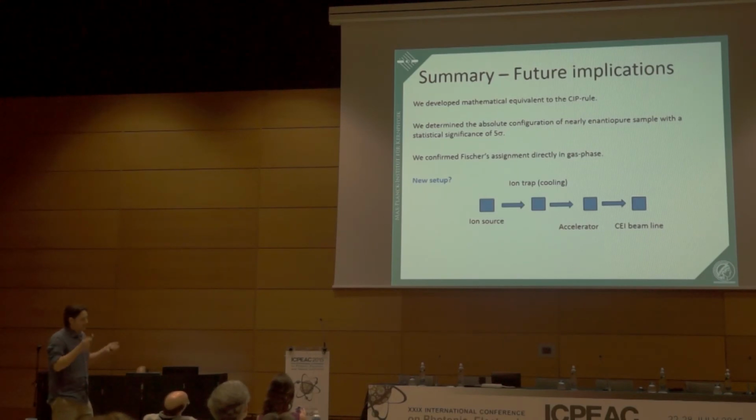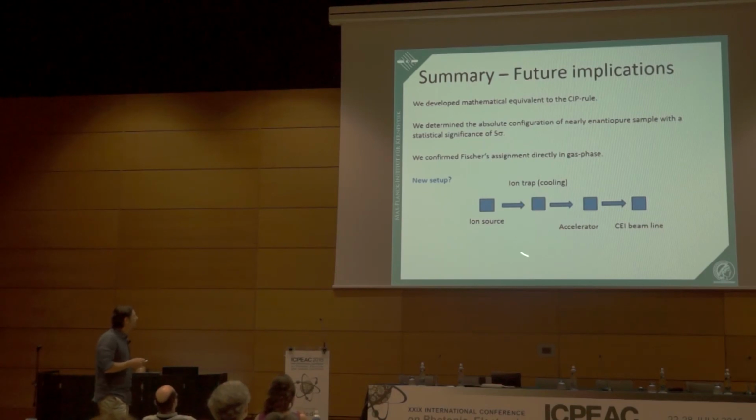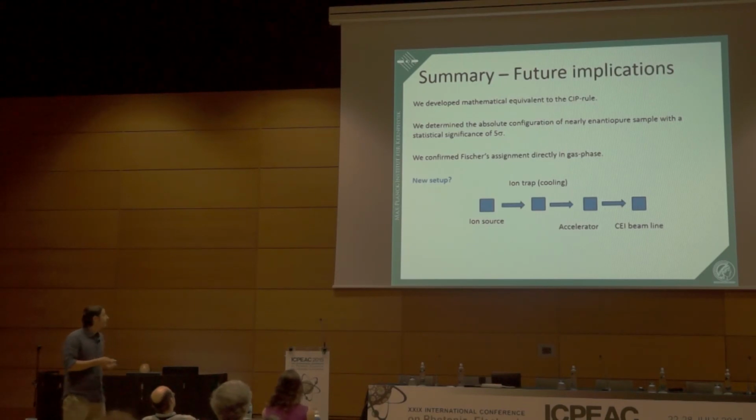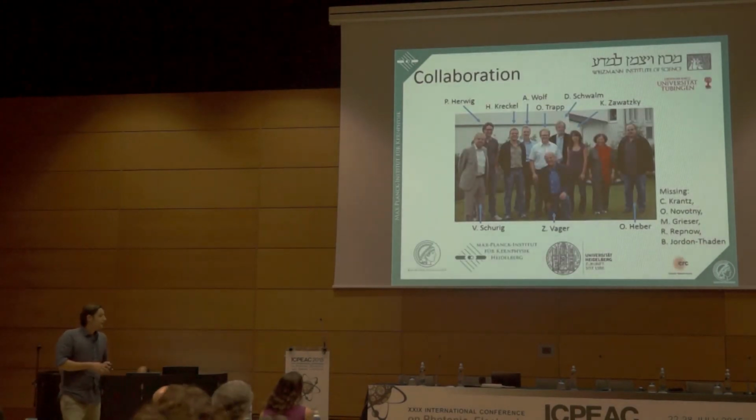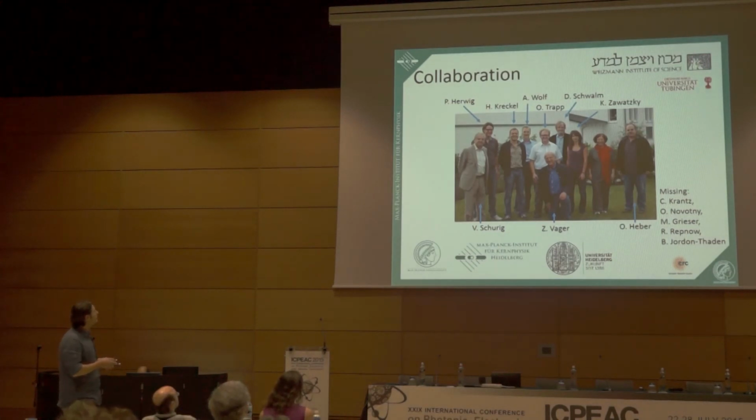If one thinks about the future, one can also imagine a new setup, and an ion trap in this setup would be great, just to get rid of the vibrations and to cool down the molecules vibrationally. Here I show you the collaboration, also the institutes and so on.